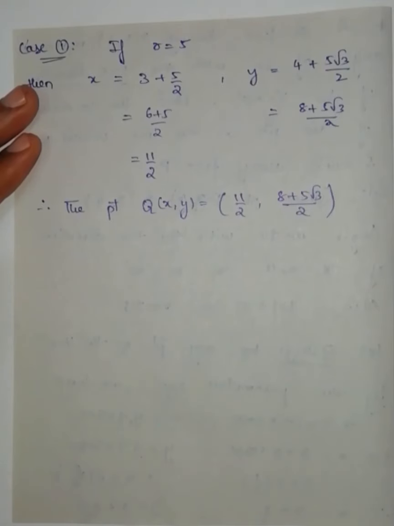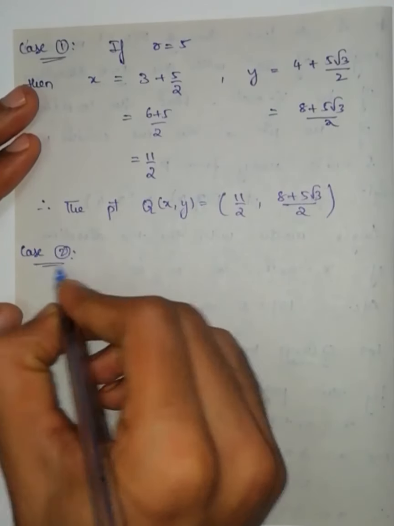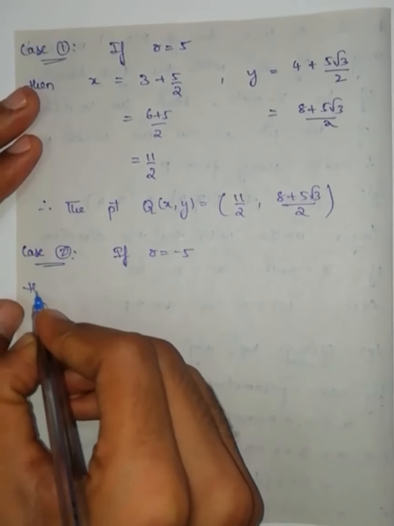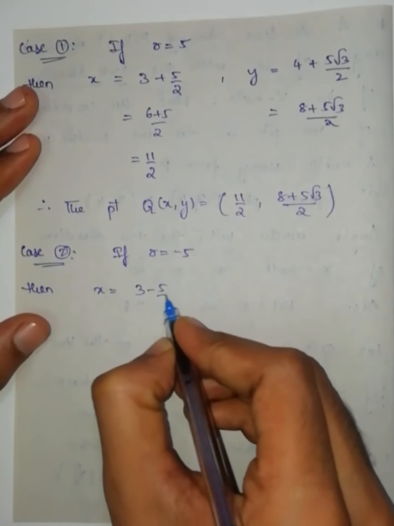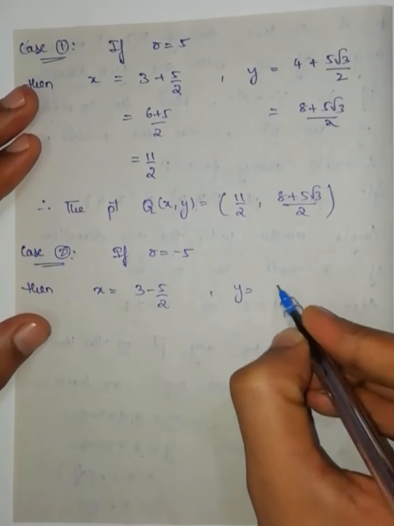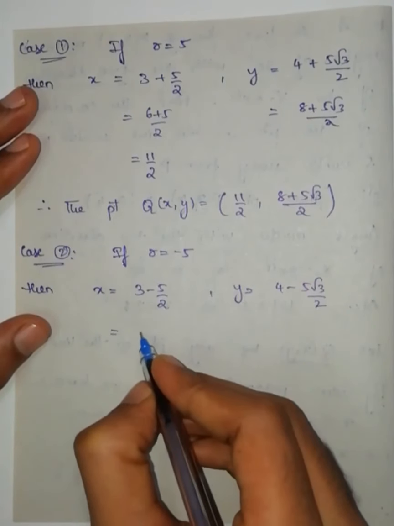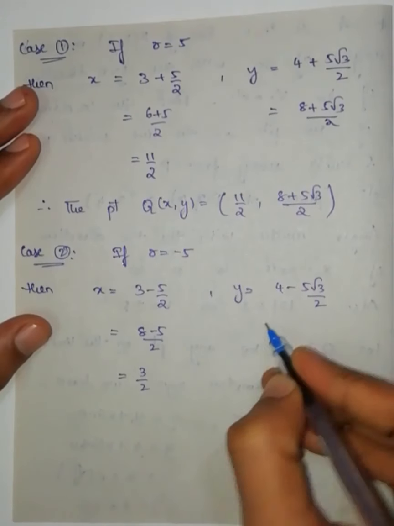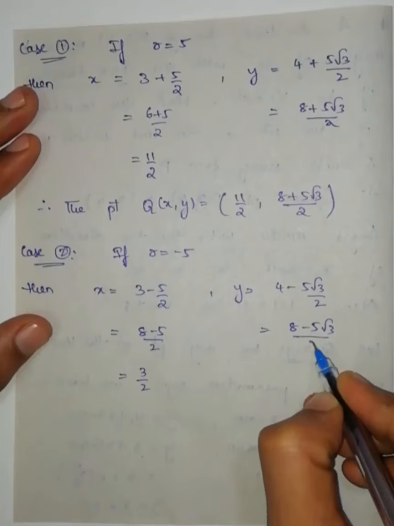In this case, case 2, if r is equal to minus 5, then x is equal to 3 minus 5 by 2 and y is equal to 4 minus 5 root 3 by 2. This implies 6 minus 5 by 2, nothing but 1 by 2, and here y you will get 8 minus 5 root 3 by 2.